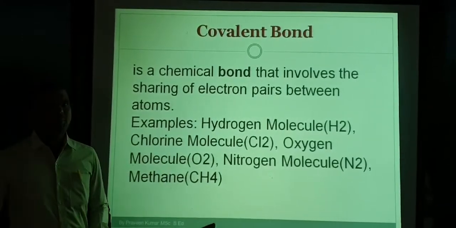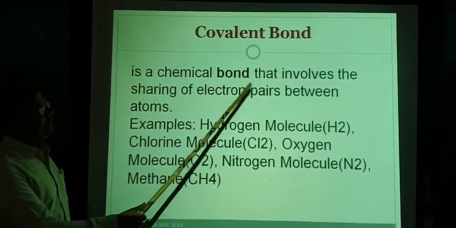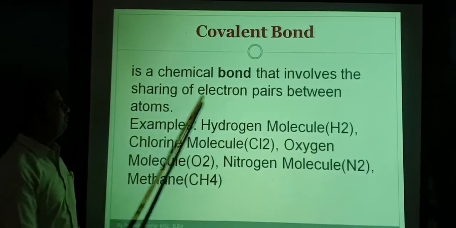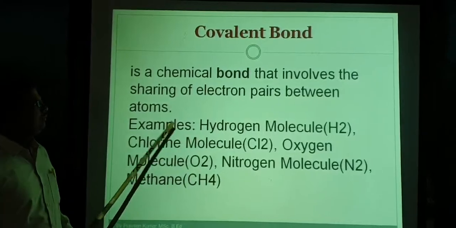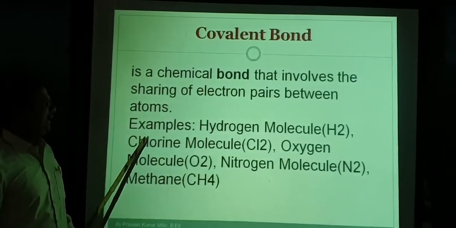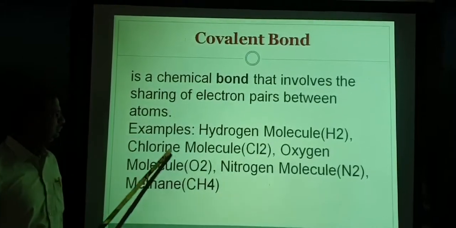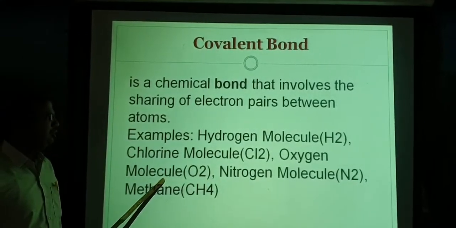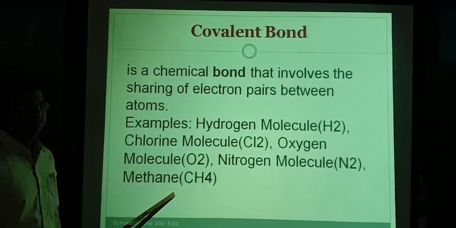What is a covalent bond? A covalent bond involves the sharing of electron pairs between atoms. Examples: hydrogen molecule, chlorine molecule, oxygen molecule, nitrogen molecule, methane.